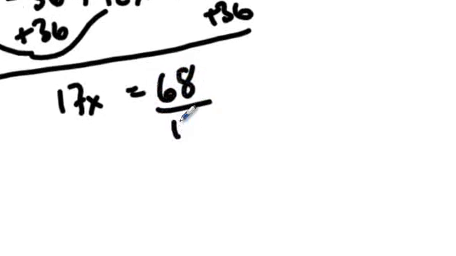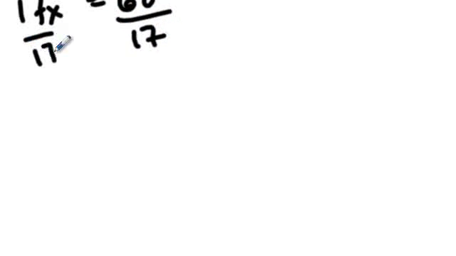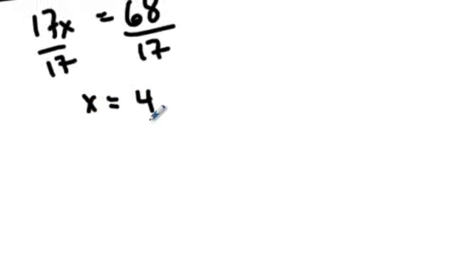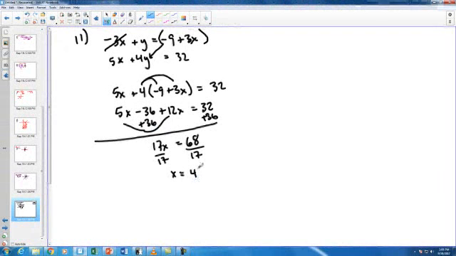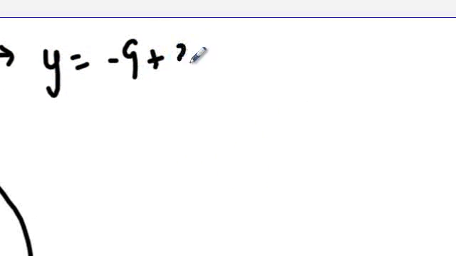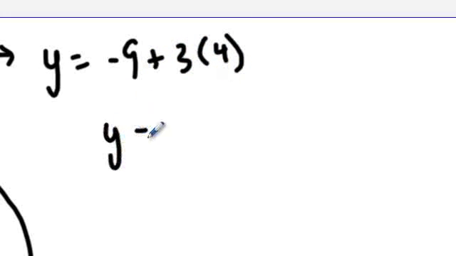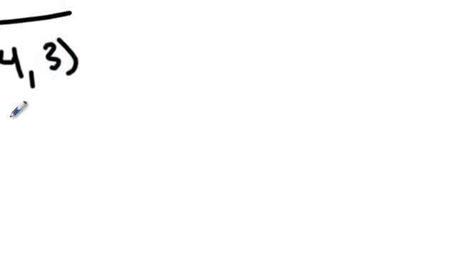And if you divide by 17, x is equal to 4. Now to find my y, I need to plug this in up there, because I know that y equals negative 9 plus 3 times x, which is 4. 3 times 4 is 12. Negative 9 plus 12, y equals 3. So my answer would be 4, 3.